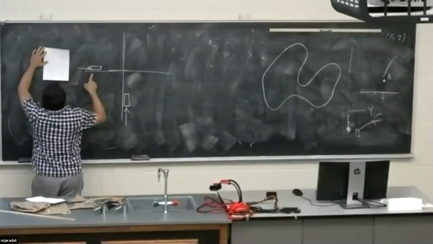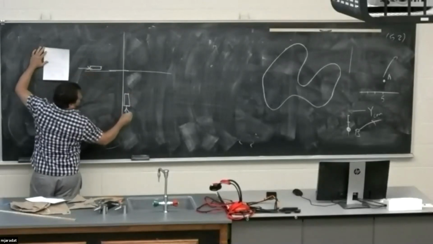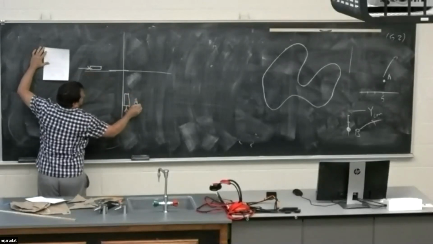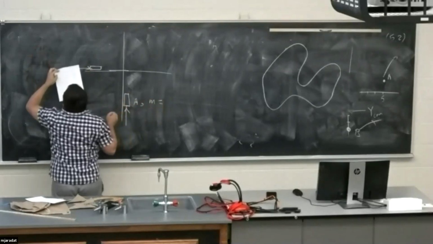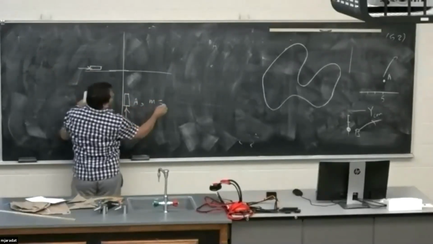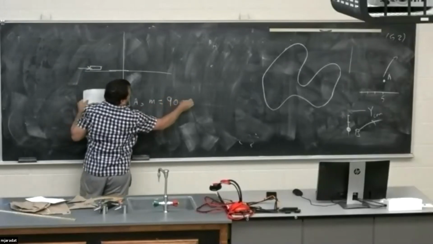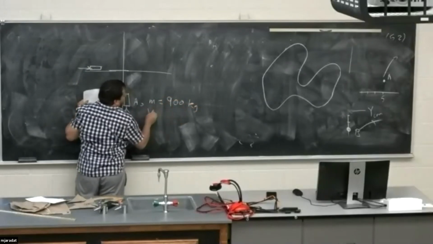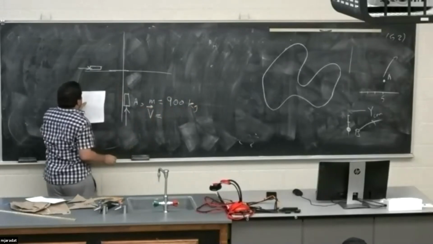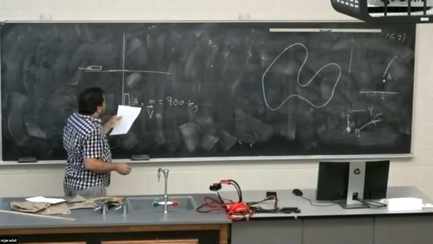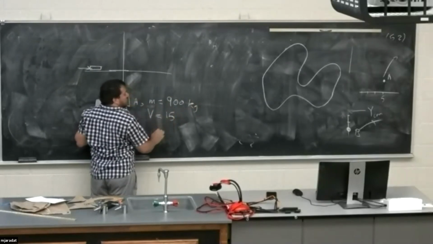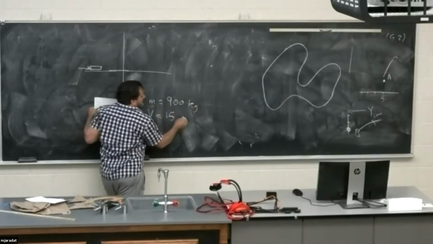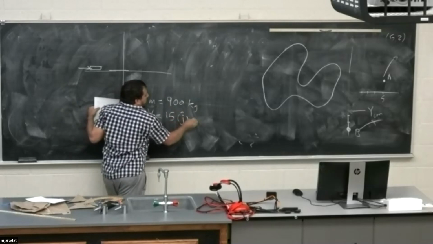So this is A, with mass equal to 900 kilograms and velocity equal to 15. Assume it as 15 j hat meters per second.